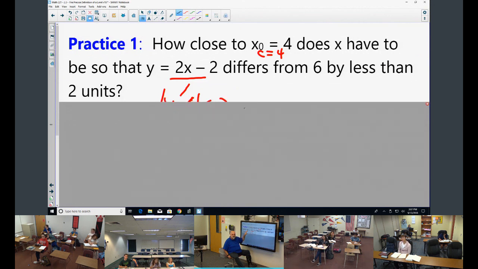You have this problem written down? Okay, so I want you to do this, but I'm going to go back to the example so you can kind of see how I set up the example. And then I want you to try to see if you can set this one up and solve it.